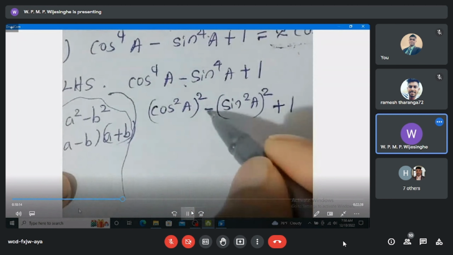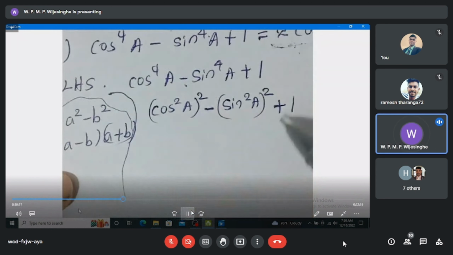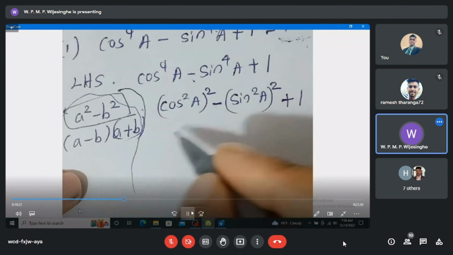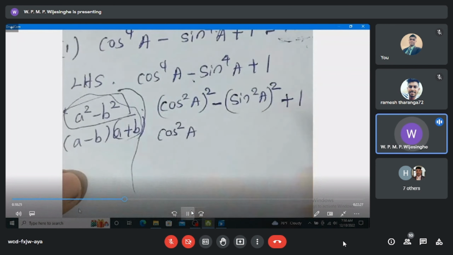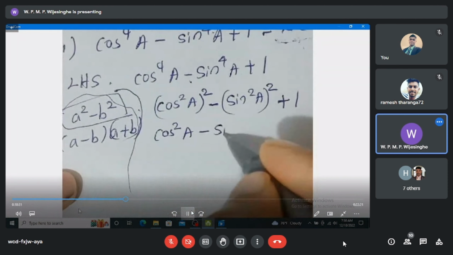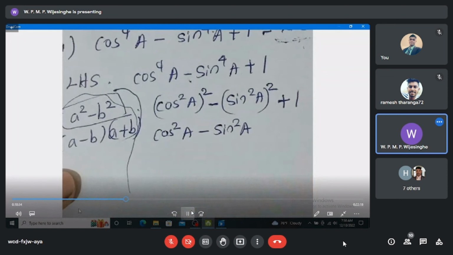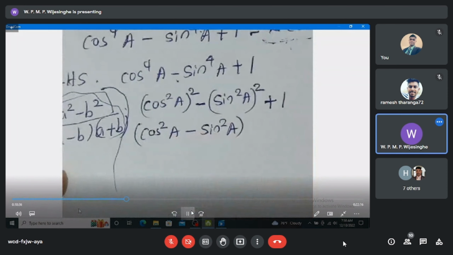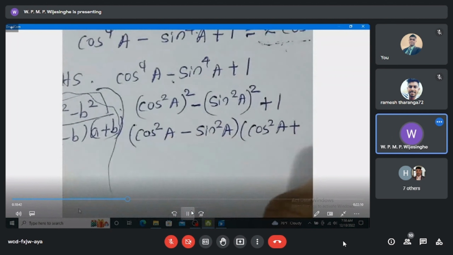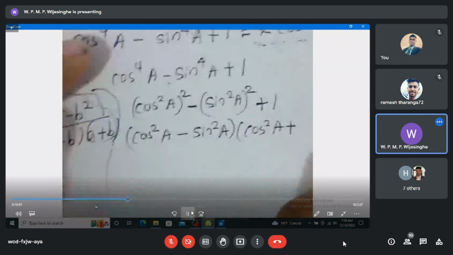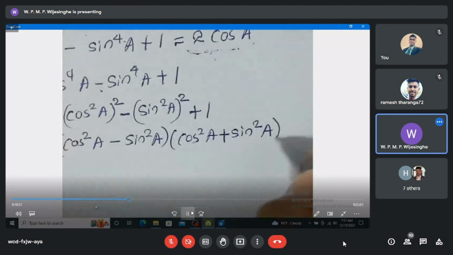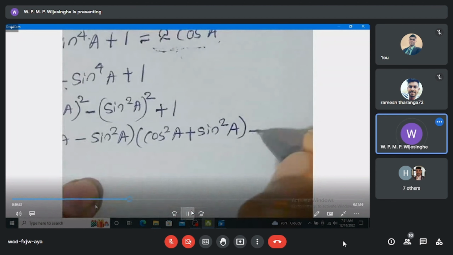Here it is in this form. Then I can write here cos square A minus sin square A, and here cos square A plus sin square A, right? Here plus 1.